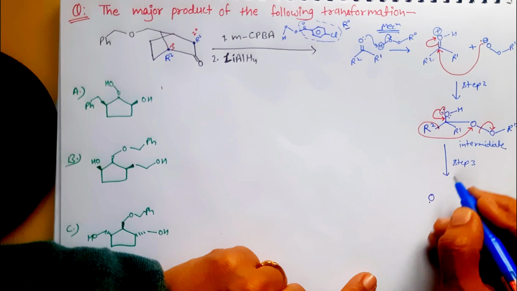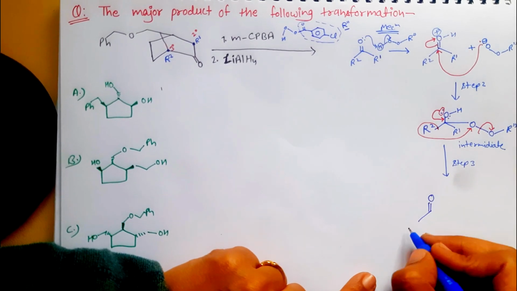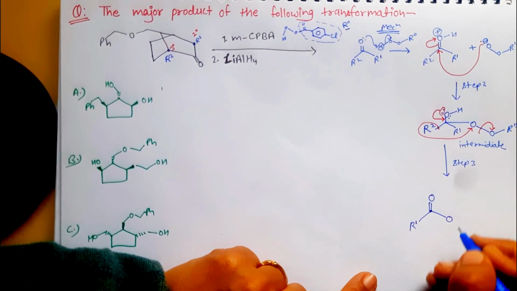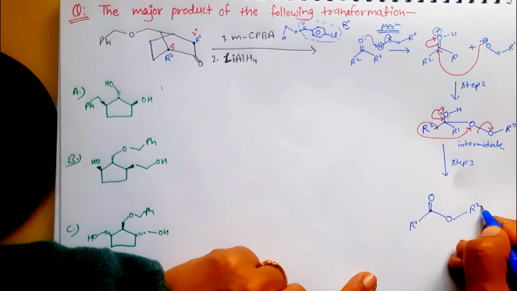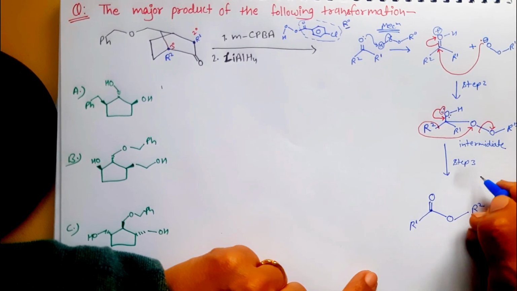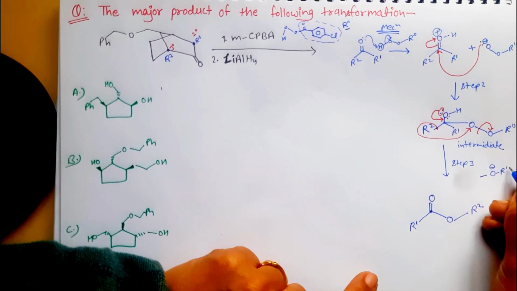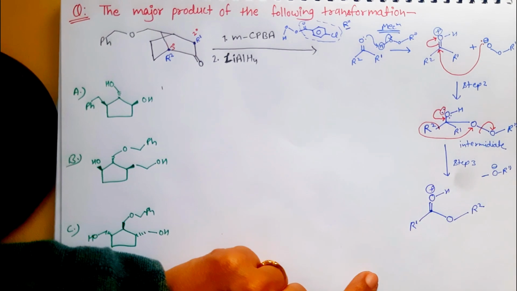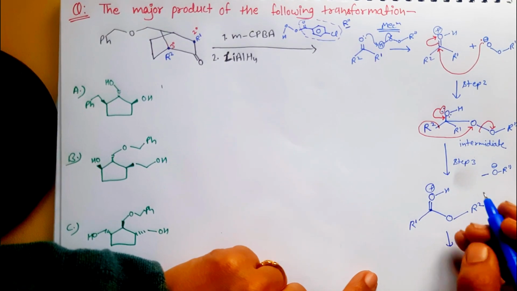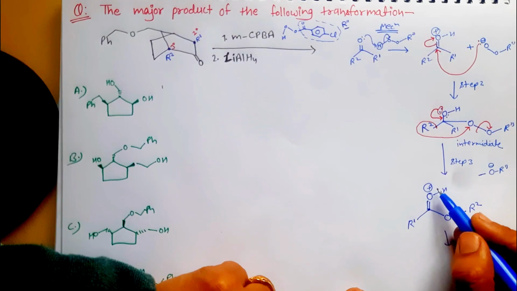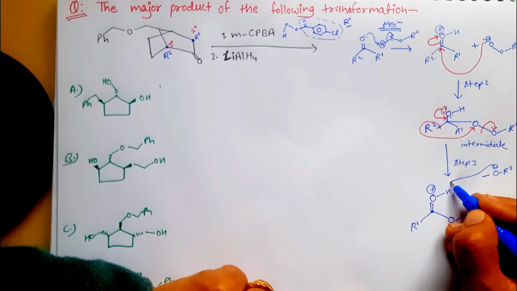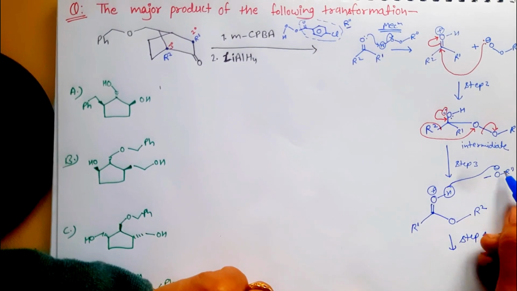So which structure after step 3? Here the carbonyl group is attached with R1, and this carbonyl carbon is attached with oxygen, and this oxygen is attached with the R2 group, and here our carboxylate ion forms. In step 4, electrons from the carboxylate attack the proton, resulting in an acid base reaction.